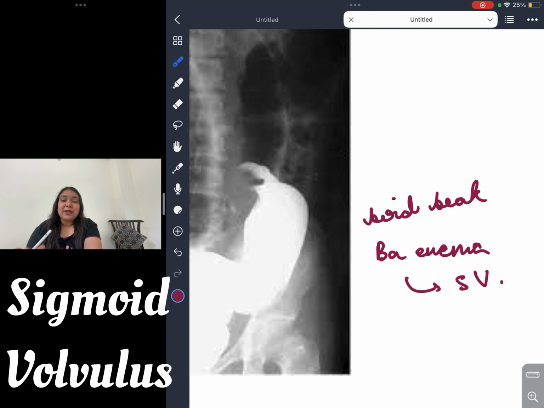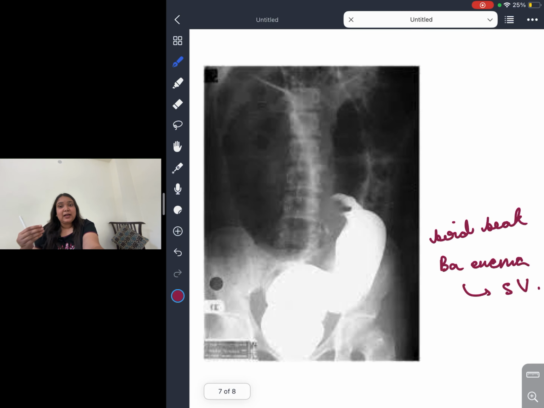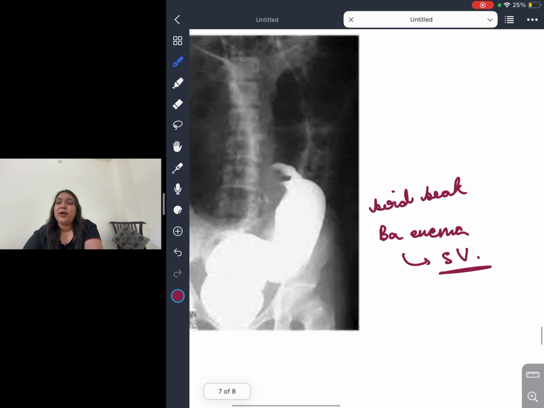Bird beak appearance with a barium swallow you can find in achalasia cardia, but a bird beak appearance in your barium enema is in sigmoid volvulus.